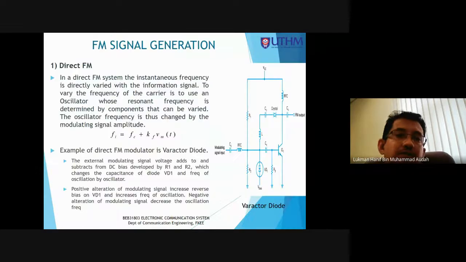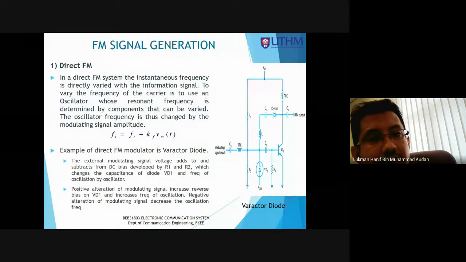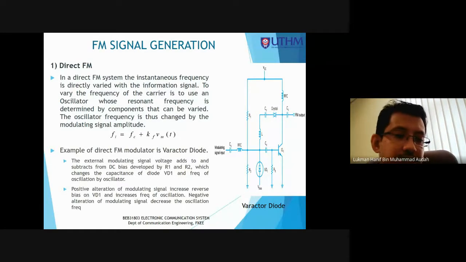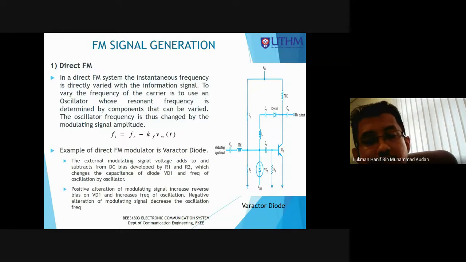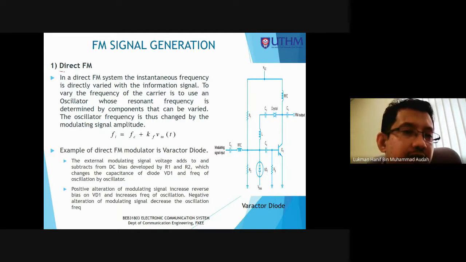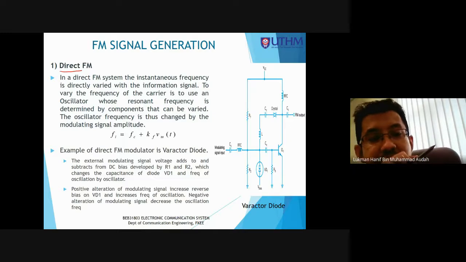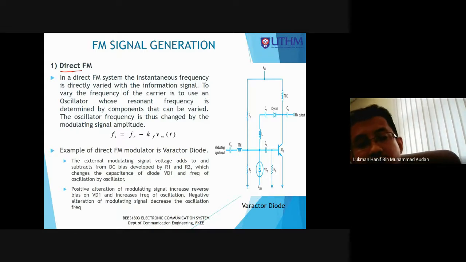Okay, which is about signal generation. So this is about modulator. Okay, this is about modulator at the transmitter side. Okay, so the word direct FM means that we directly change the frequency of the signal in accordance with the amplitude variations.